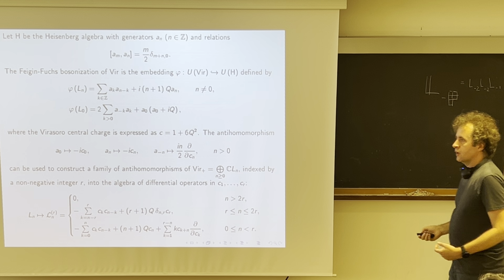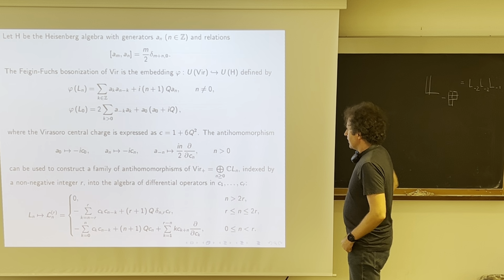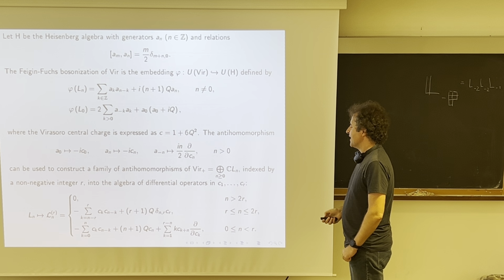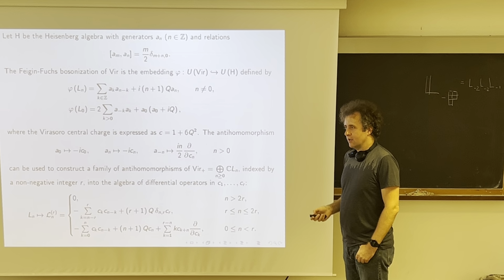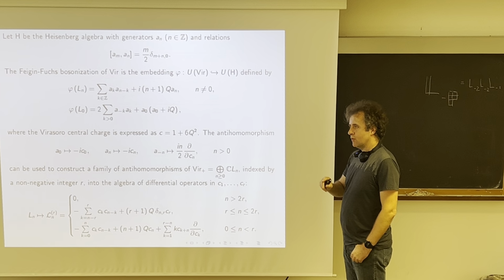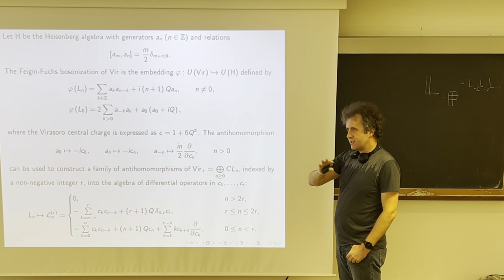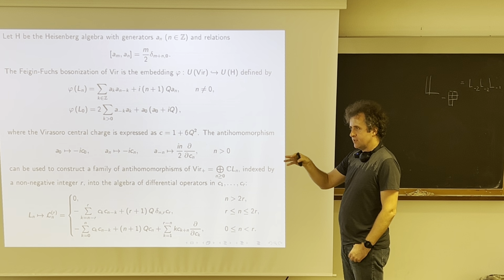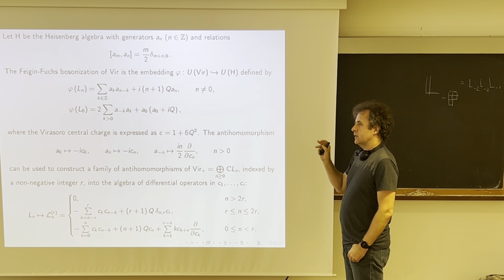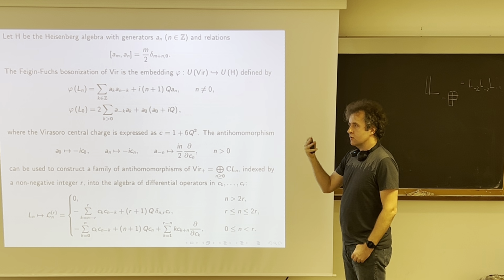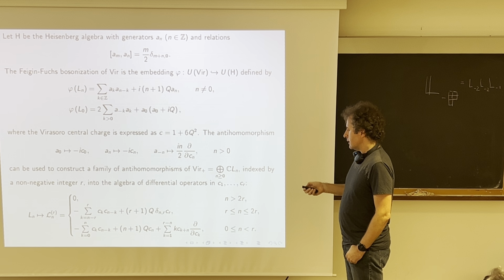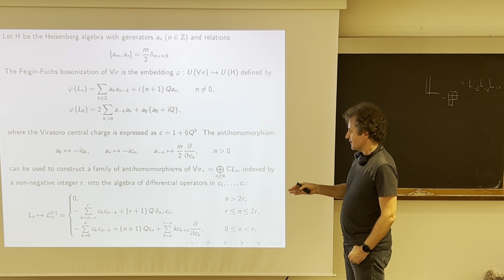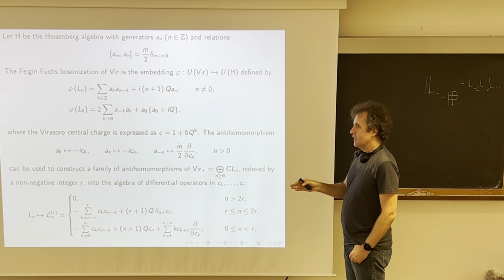Can you say it again? So how many C's do you have? I have r plus 1 C's, but not all of them are equal. The C's from C1 to Cr are important, they parameterize the eigenvalues, and C0 is less important.